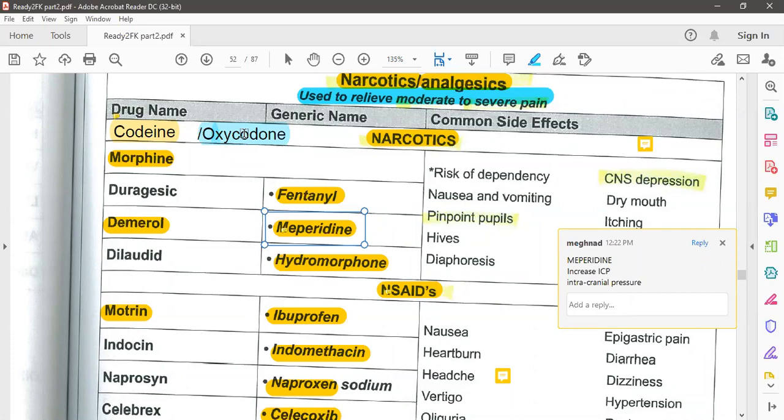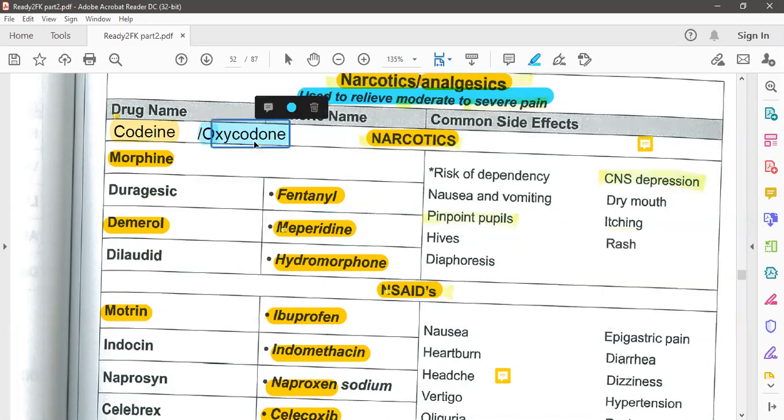When you take the history from the patient, if you see your patient has an allergy to acetaminophen, do not give them oxycodone as an analgesic or opioid to control pain. But it is okay to give it if the patient has an allergy to aspirin. We can use the oxycodone.